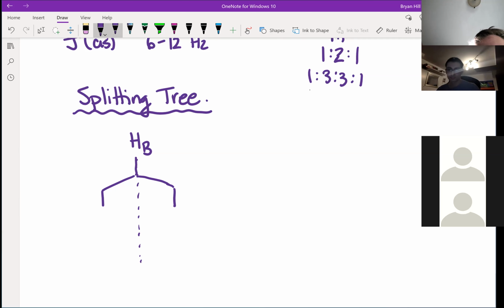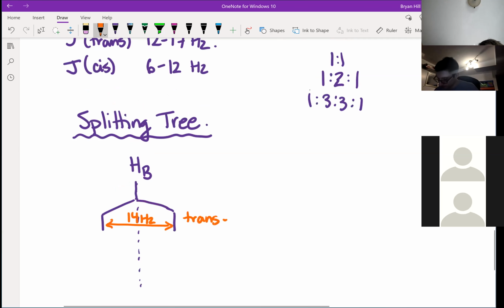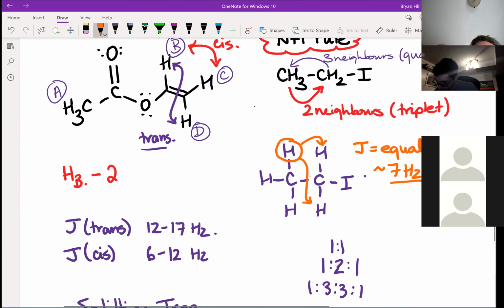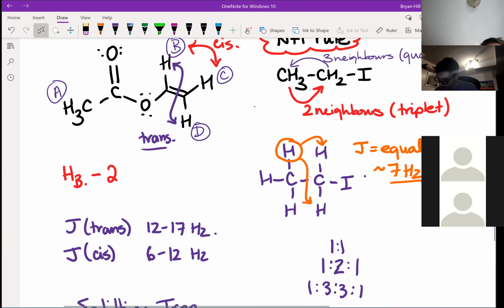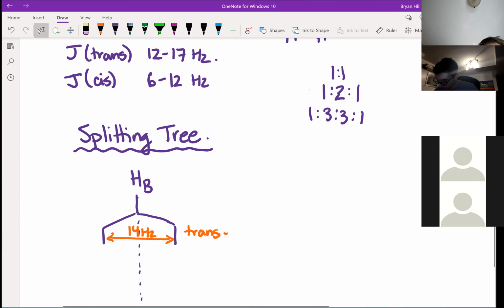So this is a trans coupling. So if you only had one proton and it was trans, it would appear as a doublet because you'd have one peak here and one peak there.